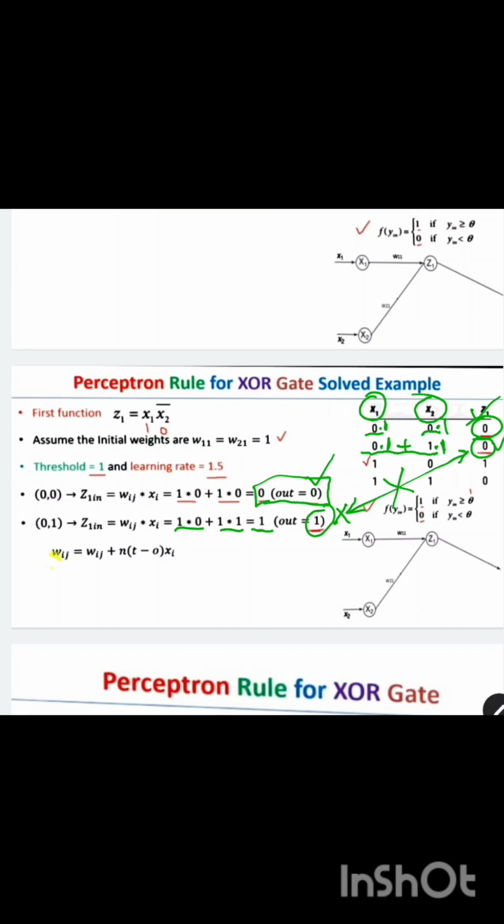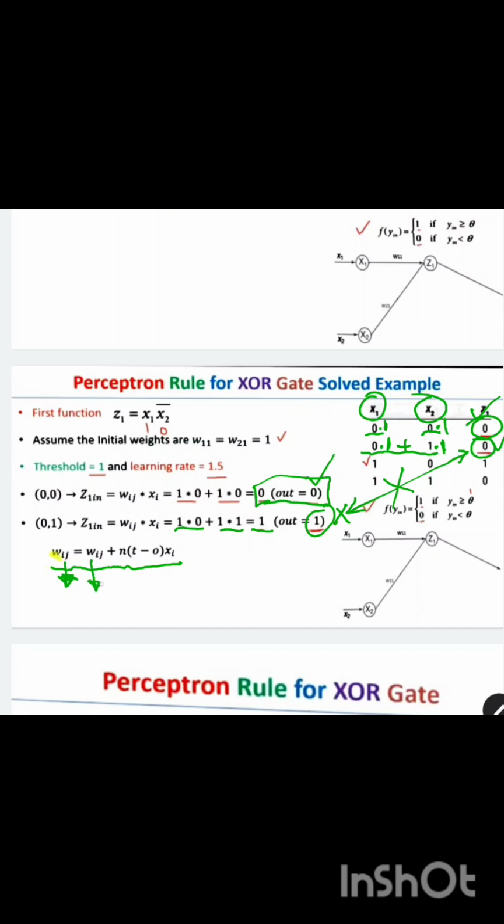Since they are not same, we have to adjust the weights, and we can adjust the weight with this formula: wij equal to wij plus n into t minus o into xi, where wij are the corresponding weights, and this is for the new weight to be calculated.